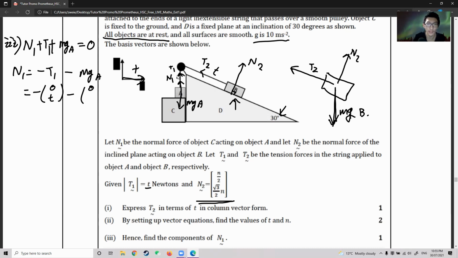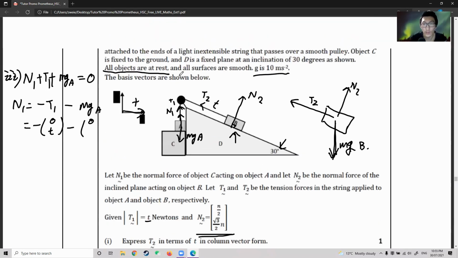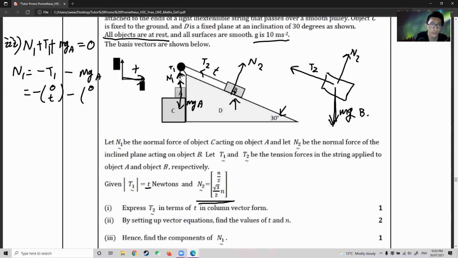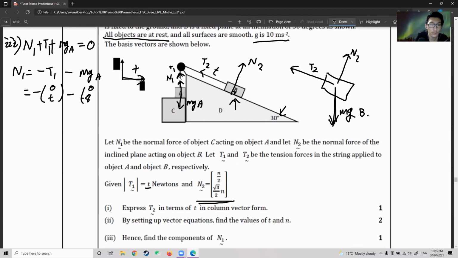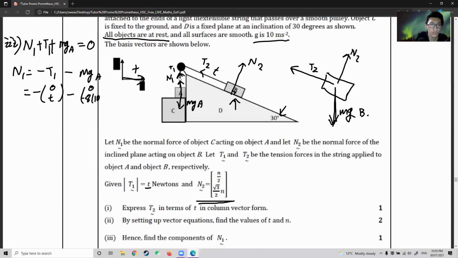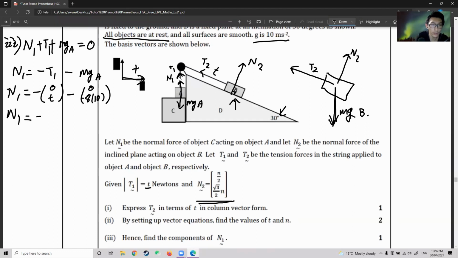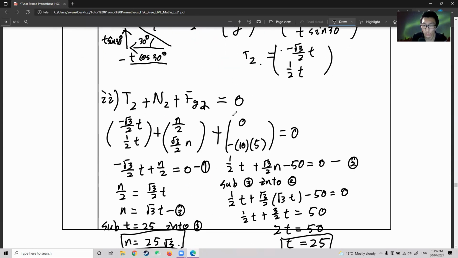Gravity is there in the negative direction, and object A is 8 kilograms. So I get negative 8 times 10. So I get N1 is equal to, we already found T in the previous stage. So T was equal to 25.